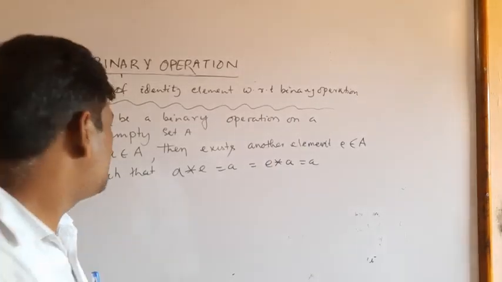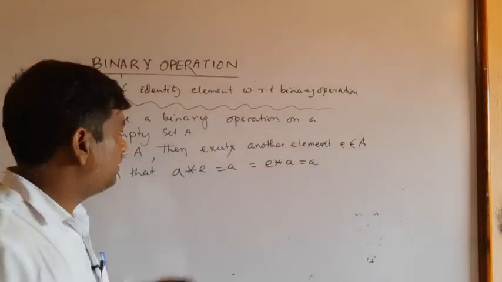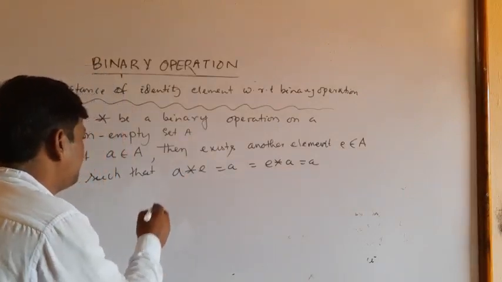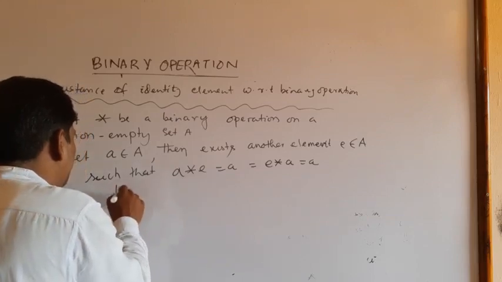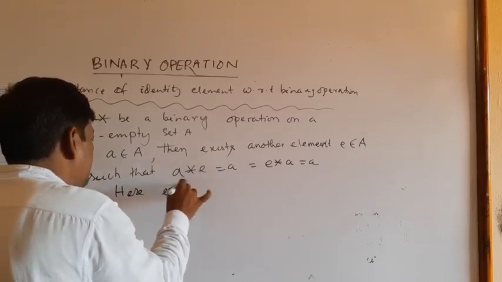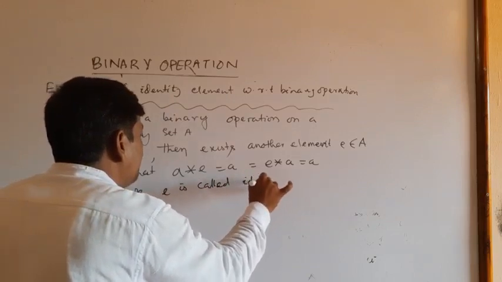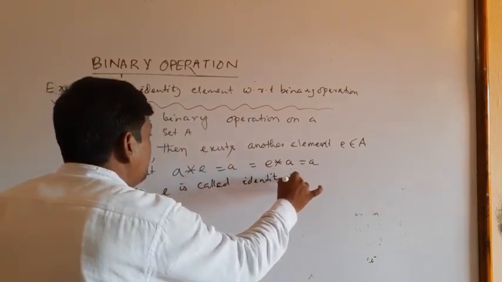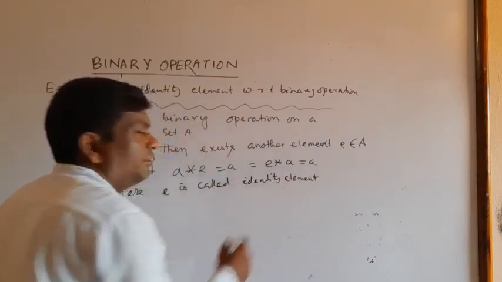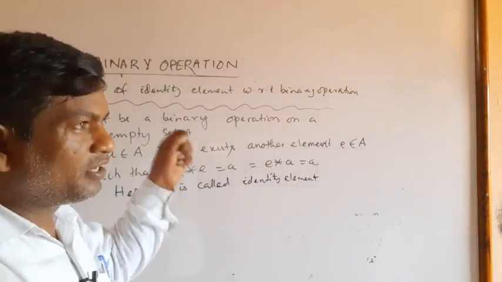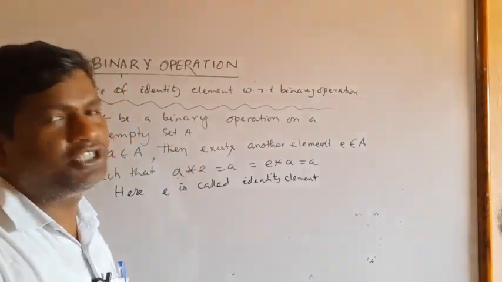This element is called the identity element. So what is the property of an identity element? If an element is operated with the identity element, then it remains as it is.